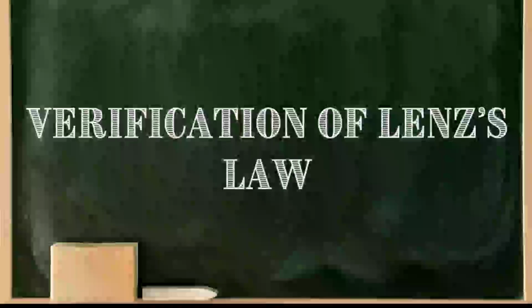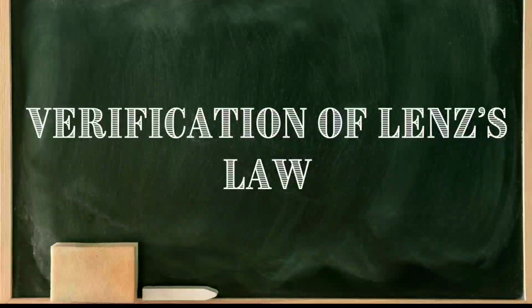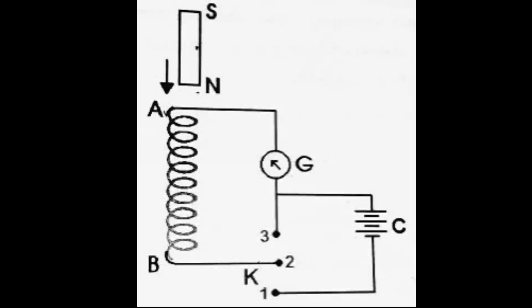Now it's time to verify Lenz's law that we already studied. For the verification, we have an experimental setup. It consists of a coil connected to a battery and a galvanometer through a two-way key with points 1, 2 and 3, and also a bar magnet.